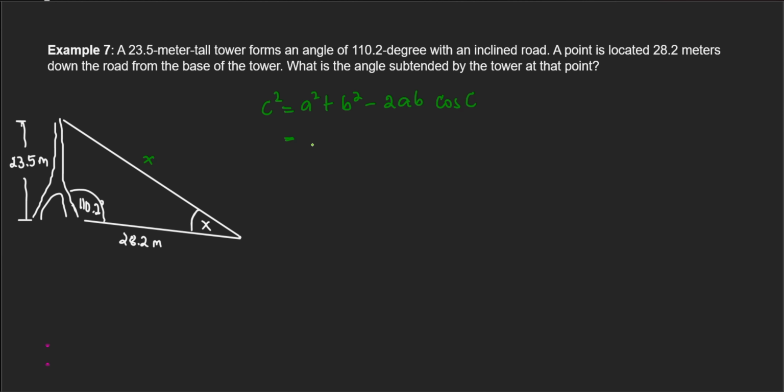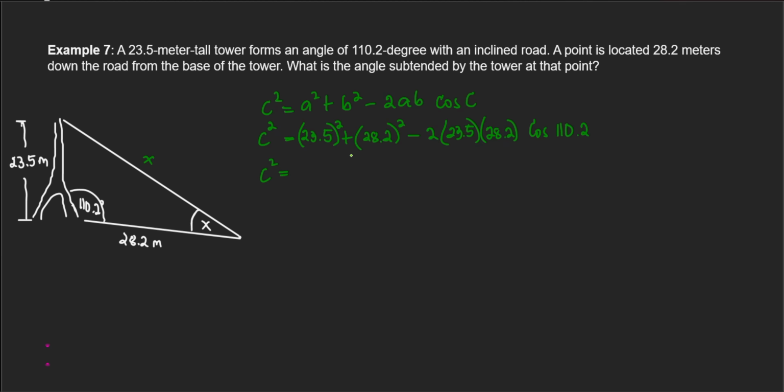So, we have ang a natin that is 23.5 squared plus our b is 28.2 squared minus 2, then 23.5, then 28.2, then cosine yung c natin that is equivalent for 110.2. Then calculate.